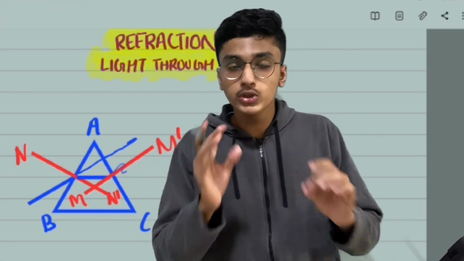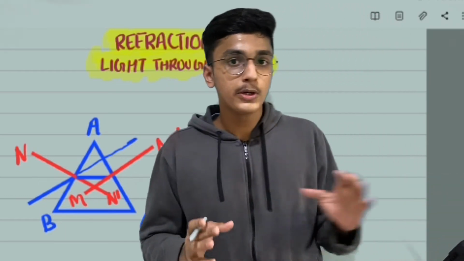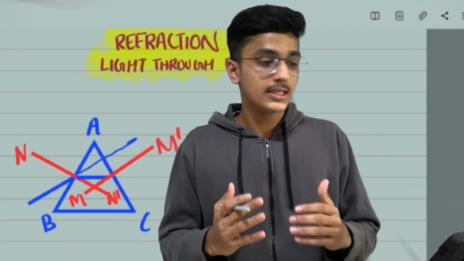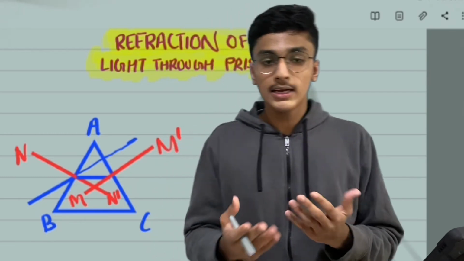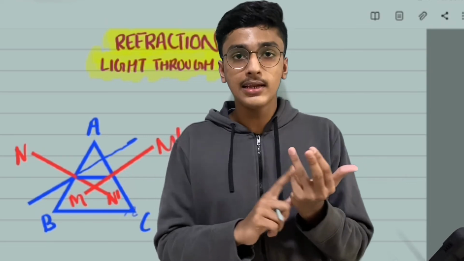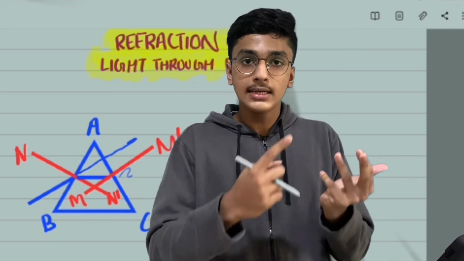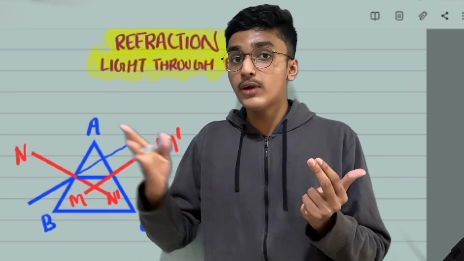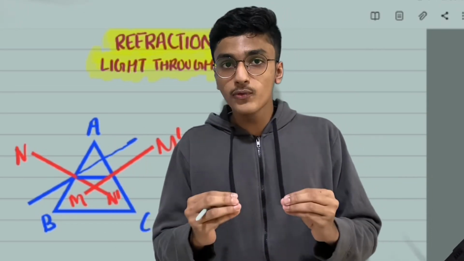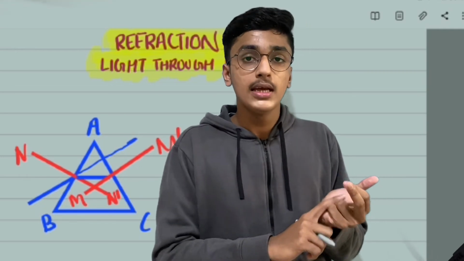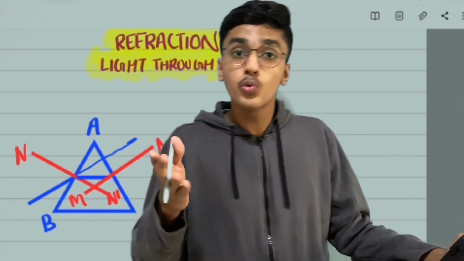This is one of the most important things that you should know, because this phenomenon is used in many places in this chapter. So let us recap the two things. One, when a light ray moves from a denser medium to a rarer medium, it deviates away from the normal. Two, when it moves from a rarer medium to a denser medium, it leans towards the normal.